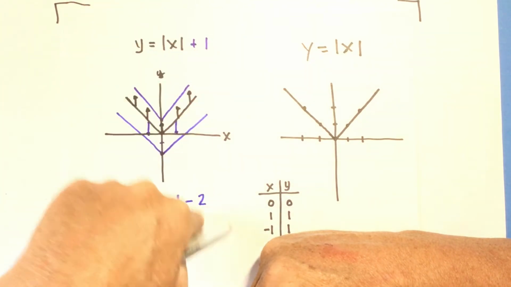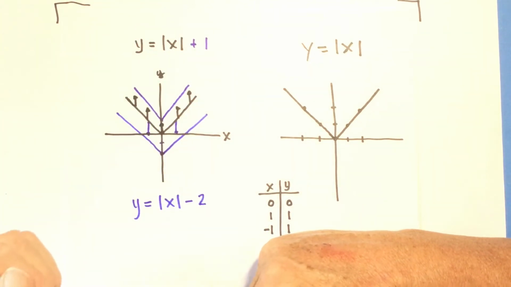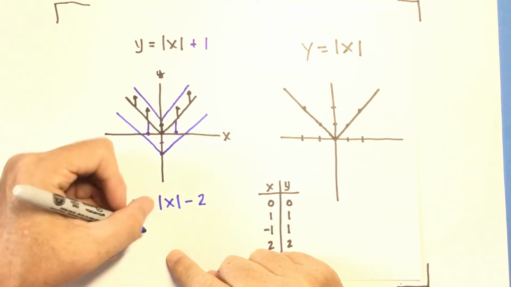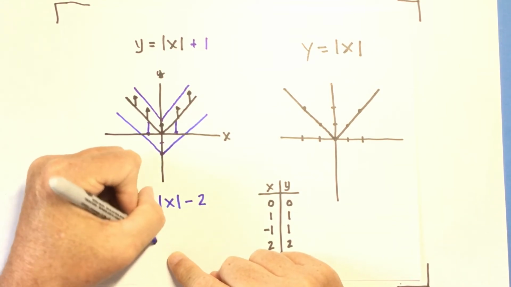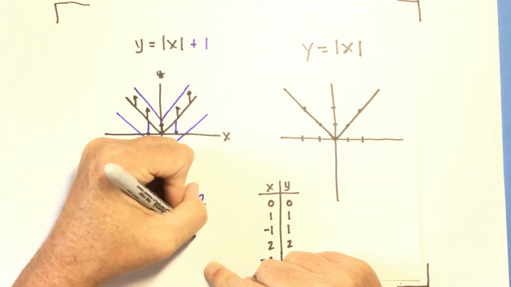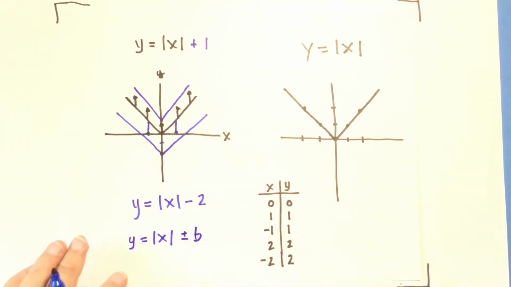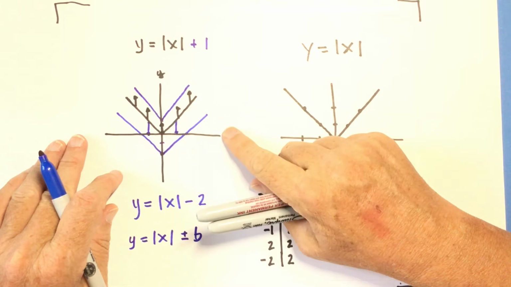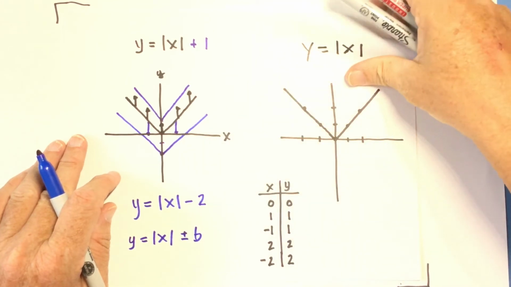So if I have a graph y equals the absolute value of x plus or minus b, then that moves up or down depending on what b is. Okay? So remember that. Now, let's see what happens if I do something a little different.